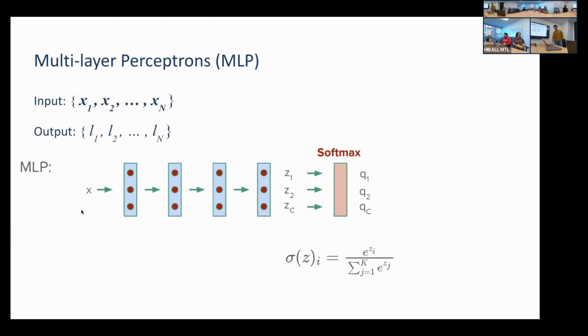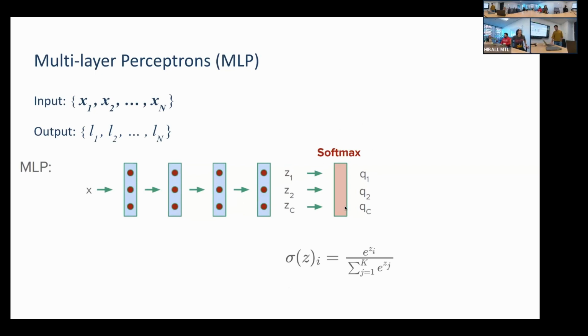So again, more precisely, we have the input samples, x1 to xn, all the samples that we have in this classification problem. We have the outputs that are the labels of all these samples. So this is the multi-layer perceptron. You pass the input to the network, and it gives you a set of outputs. The number of outputs equals the number of classes, here 10.